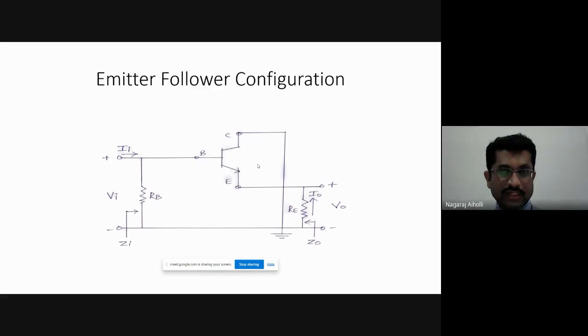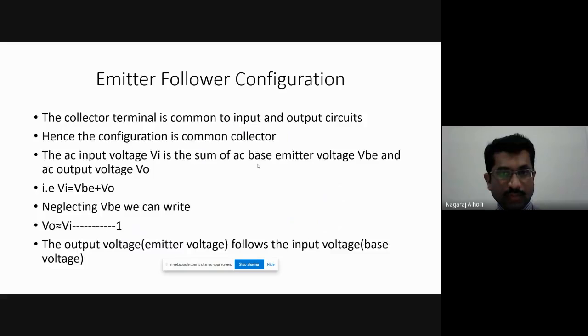They may ask in either way. So both are one and the same. The emitter follower circuit is called the common collector configuration, or the common collector configuration is nothing but the emitter follower configuration. Remember, the collector terminal is common to input and output.